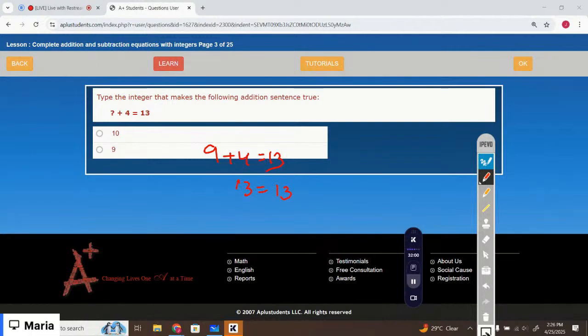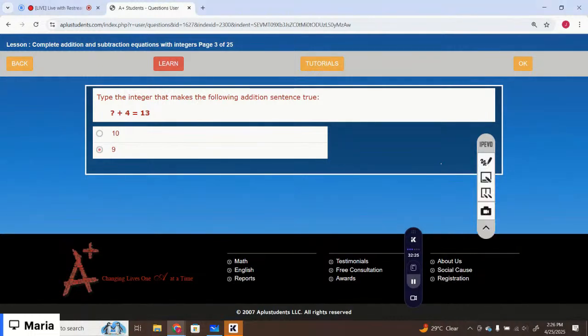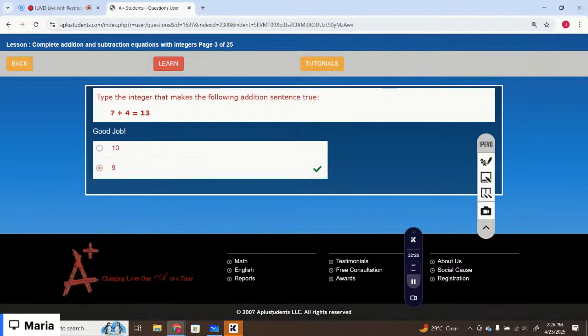That is 13 is equal to 13. Option number 2 is the correct option.